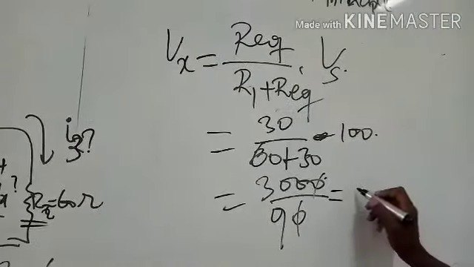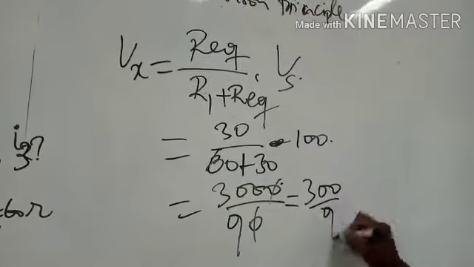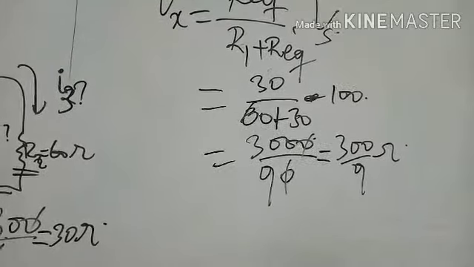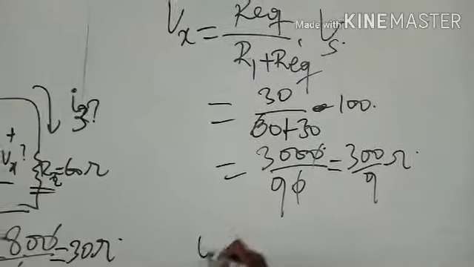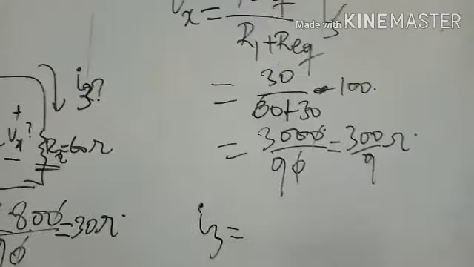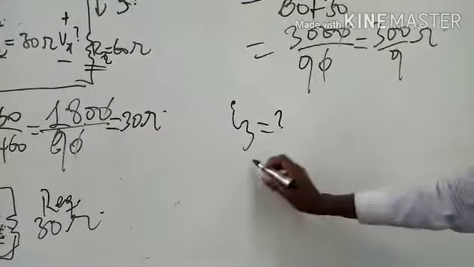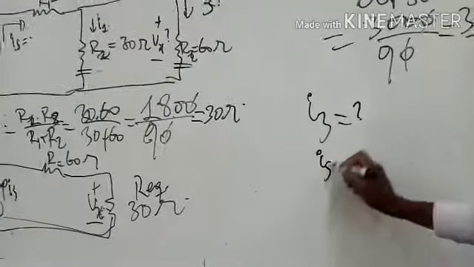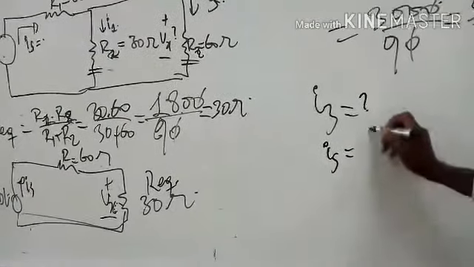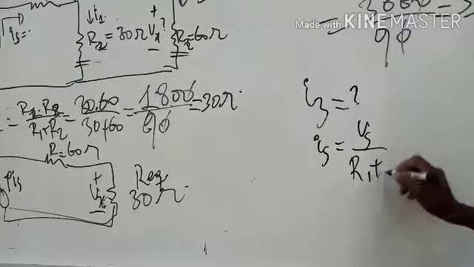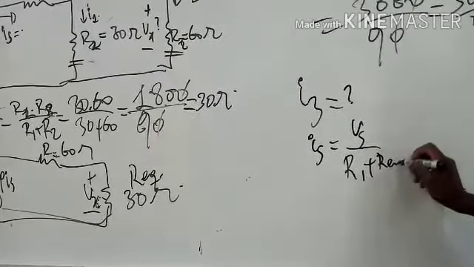Then we get this ratio. Then we're going also to find I free. Before going into current free, let's find the current source. Current source will be equal to voltage source over resistance 1 plus the other equivalent we have got.